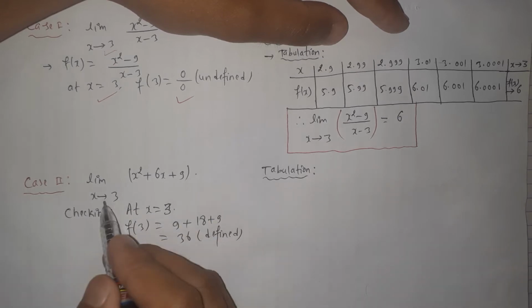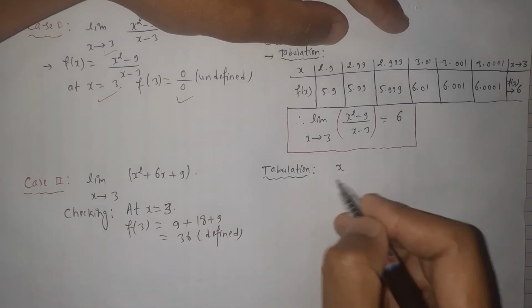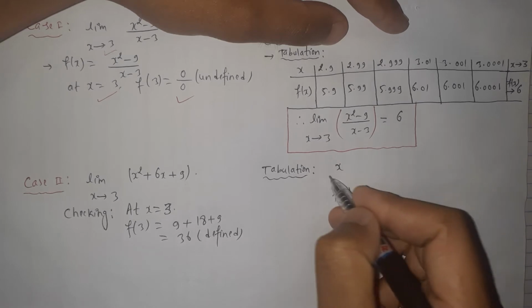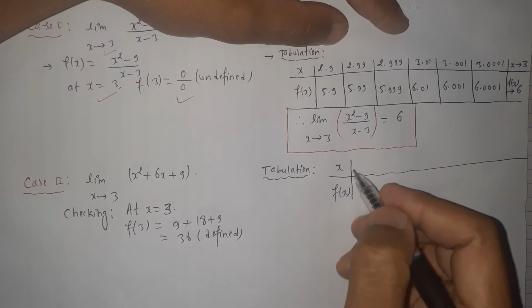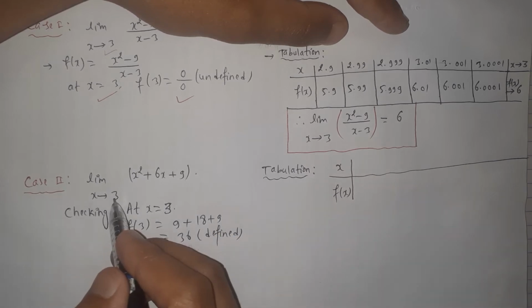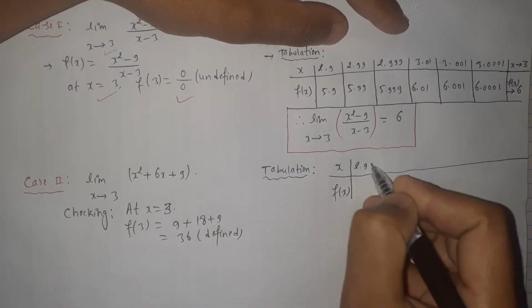Let's take x approaching 3, so we can take values of x that are very close to 3. Let's make the table first. Let's take the values of x which are very close to 3. I am approaching 3 from the left first: 2.99.